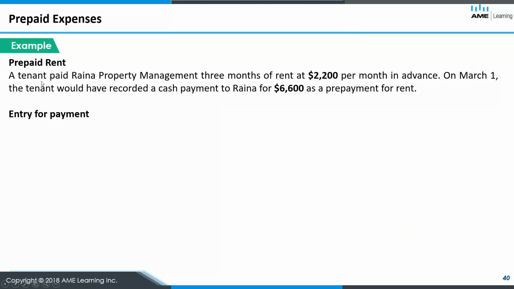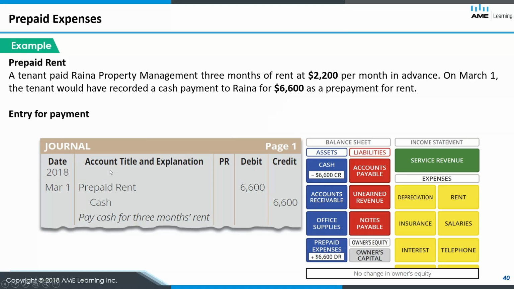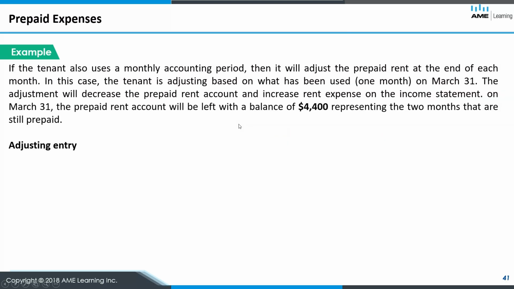So if in the previous example of unearned revenue we were the landlord, but now we're the tenant who has paid those 3 months, then just the same entry we've already learned about, debit this asset for prepaid rent for the full amount. Cash decreases because we paid that. So one asset down, one asset up.